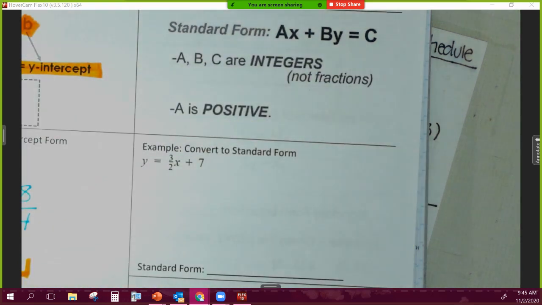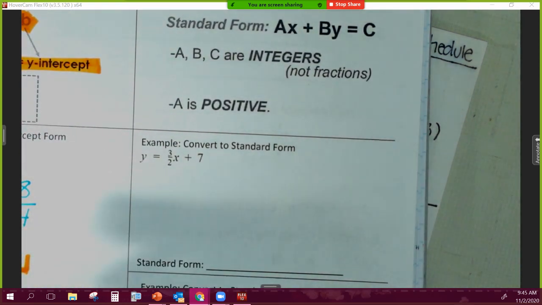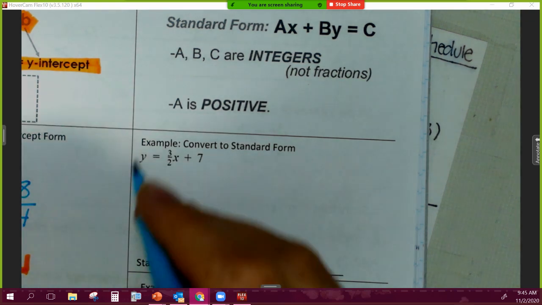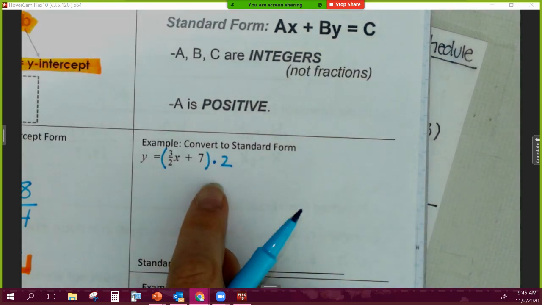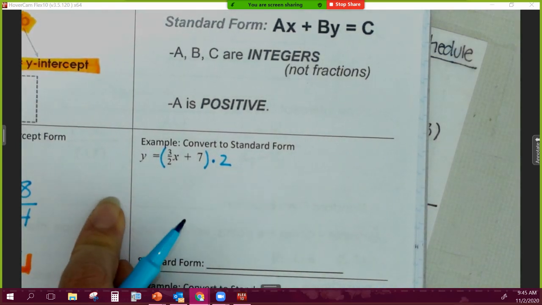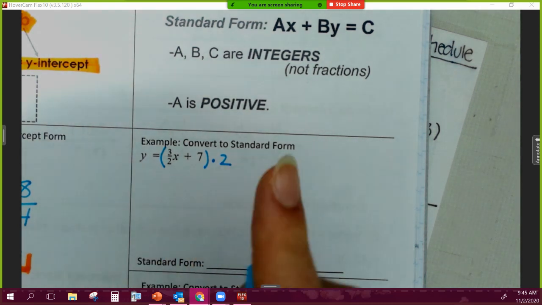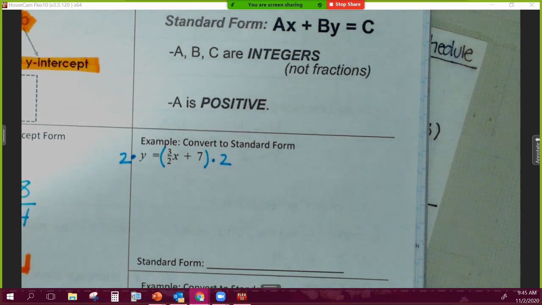So when I have this, I want to get rid of the 2, so I multiply everything by 2. Because it's an equation, whatever I do to the right side, I need to also do to the left side. So y will also get multiplied by 2.